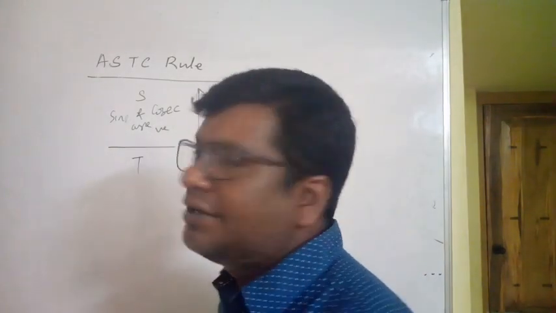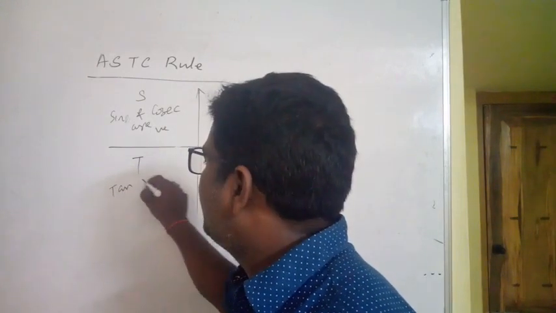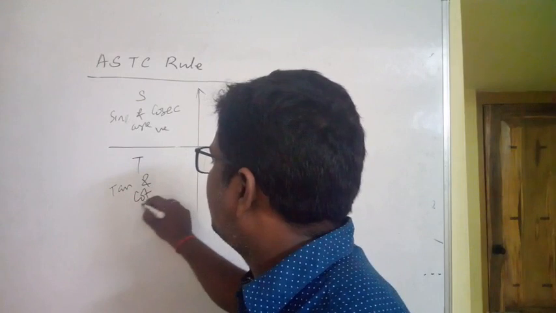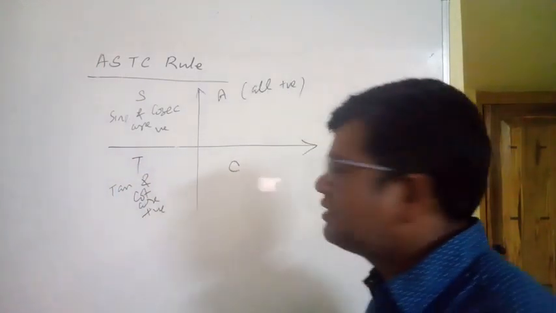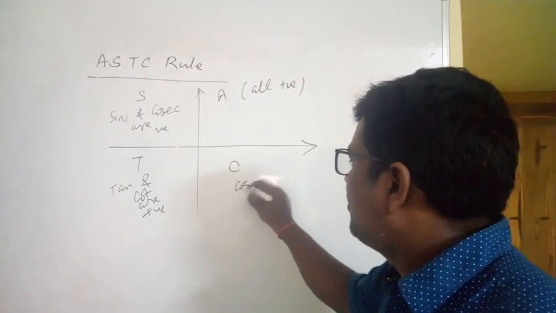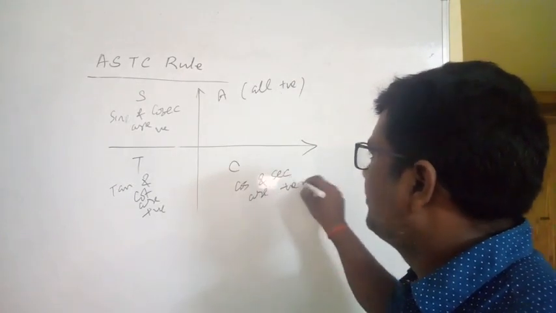T, third quadrant, tan and cot are positive, and fourth quadrant, C, cos and sec are positive.